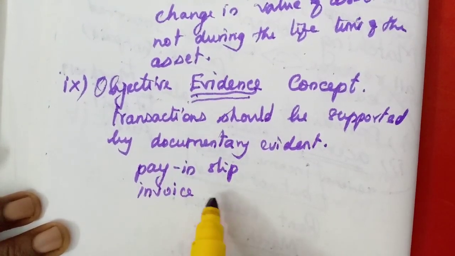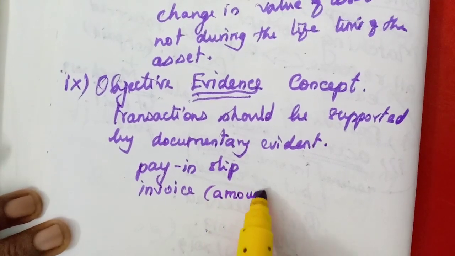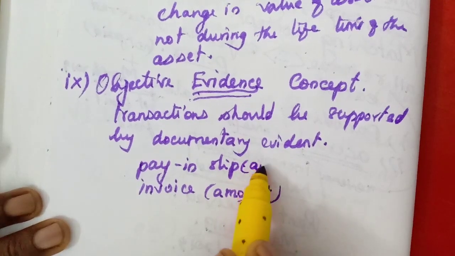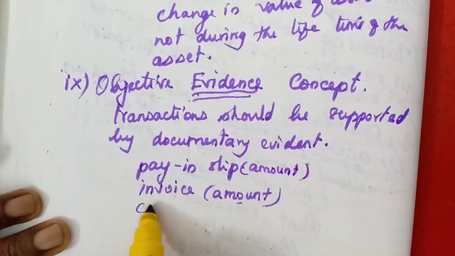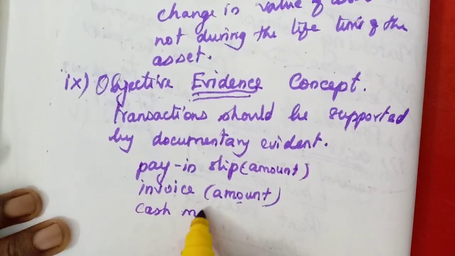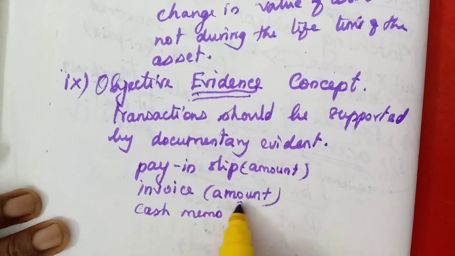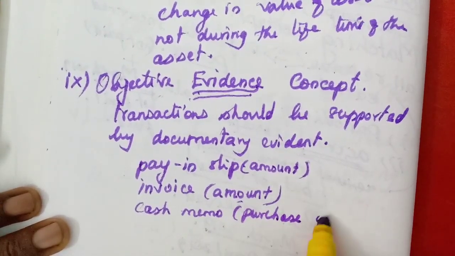There everything is given, all the particulars of the product, then weight, then especially the amount will be mentioned. Here also how much amount is deposited, that is entered. Okay, then cash memo. If we have purchased some items on cash, then we will receive the cash memo. Purchases on cash.